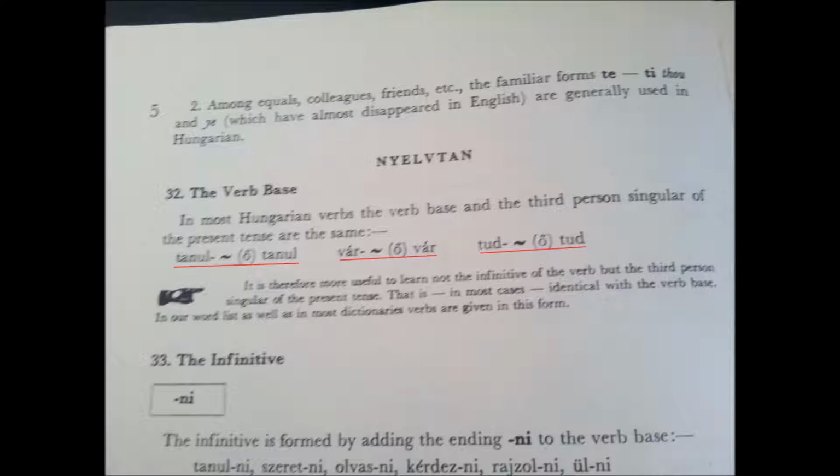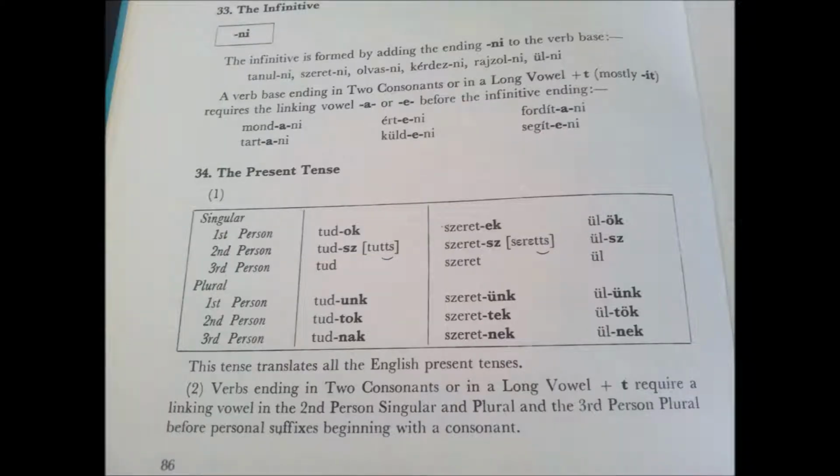And then continue with the conjugation of verbs. Tud, meaning can. Tudok, tudsz, tud, I can, you can, he or she can. And szeretek, szeretsz, szeret.